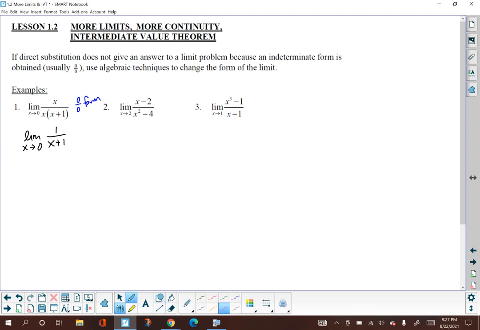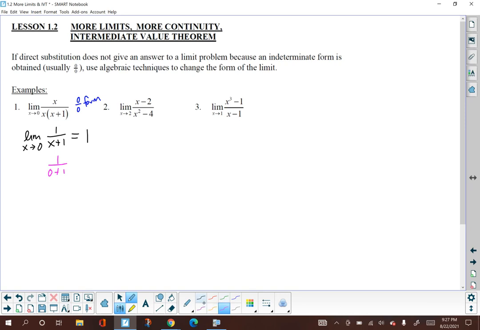Those two limits are equivalent. And so now that we've reduced it, we can use direct substitution, because if we sub in a 0 here, we end up with 1 over 1, which is just 1. And again, I'm just using direct substitution on the reduced form.